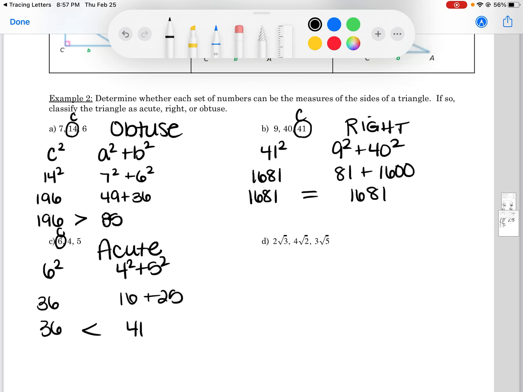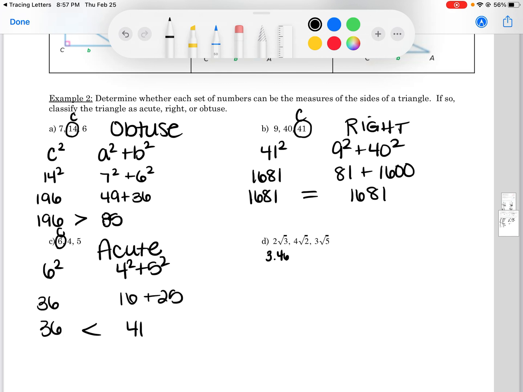And last but not least, maybe it's not so obvious. What we could do is use a calculator if we needed to figure out which of these was the largest. So we could type in to find out what is 2 square root of 3 equal to. And 2 square root of 3 is about 3.46.